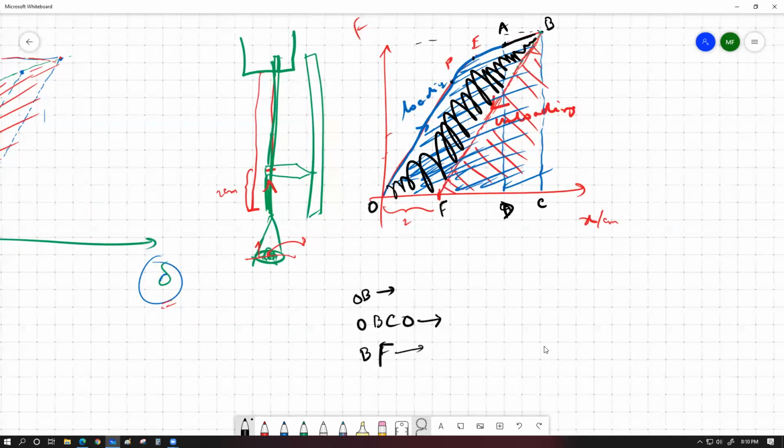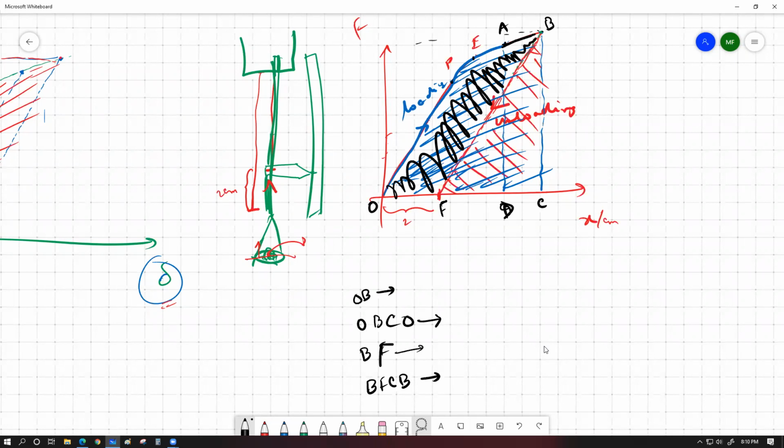Let's label this as BFCB. Although it's a triangle, I'm using four different letters just to define the whole region. So BFCB gives you the total area that represents the energy given out while unloading. Whenever we're unloading, the specimen will be releasing energy.